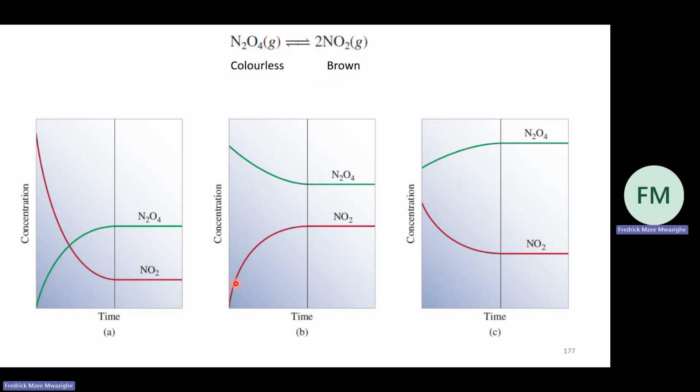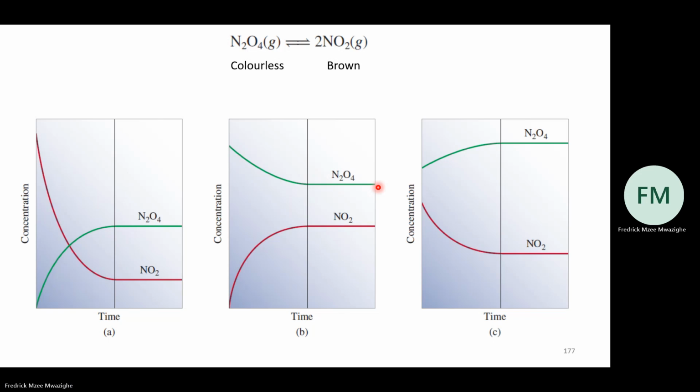So you have the concentration of NO2 increasing and that of N2O4 decreasing, until a particular point in time where equilibrium has been established. We have the concentrations of the two species being constant. These now are the equilibrium concentrations of the two species.